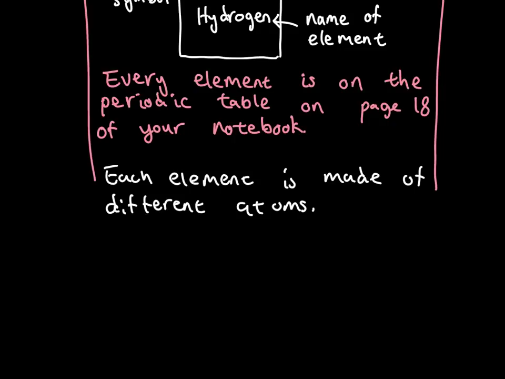Alright, and lastly, we just need to define one more word, which is the word molecule. If you don't have space on the bottom of your page, let's just write this on the left side of your notebook on page 25. But if you do have space, let's squeeze this in here on the bottom. So last word, a molecule.